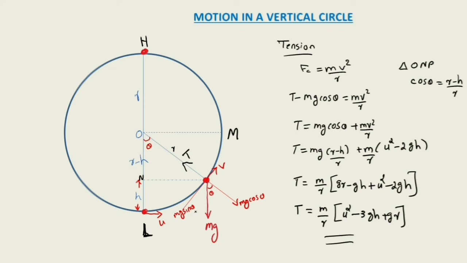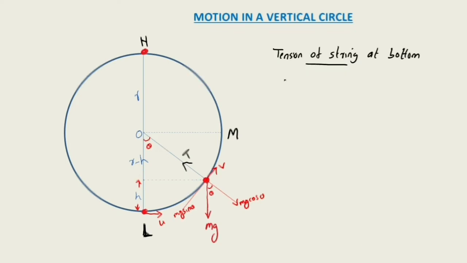Now let's calculate the tension of the string at the bottom. The general equation: tension is equal to m divided by r into u square plus gr minus 3gh. At the lowest point, what does h become?